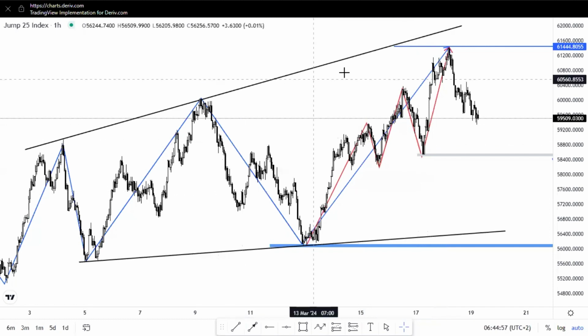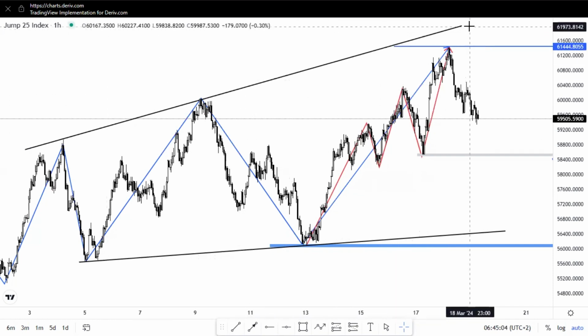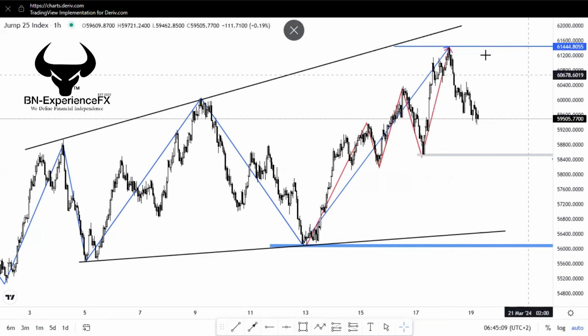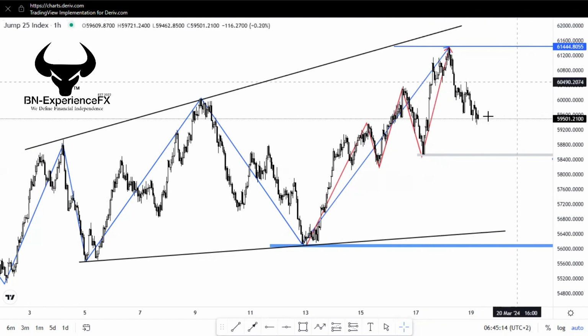Again the same thing here: first touch, second touch, then we extend. The same principles apply: we could expect a touch if the price happens to break above here, somewhere here, if we extend that trend line all the way there.